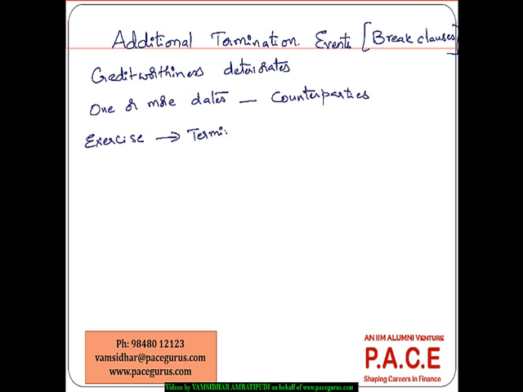Whenever we are exercising the break, the party is simply terminating the transactions at the current replacement value. Compute the current replacement value and terminate the contract at that particular price.